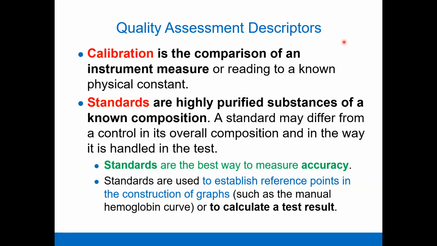A standard may differ from a control, because the level of the control is also known. However, standards may differ from controls. And the standards are the best way to measure accuracy.